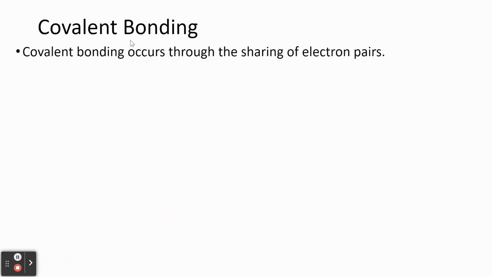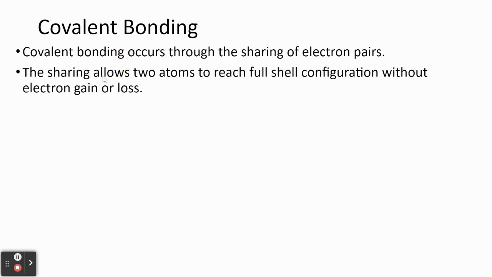Now let's look at covalent bonding. Covalent bonding occurs when atoms share pairs of electrons. The sharing of electrons enables both atoms to have a full shell electron configuration without having to actually gain or lose electrons.